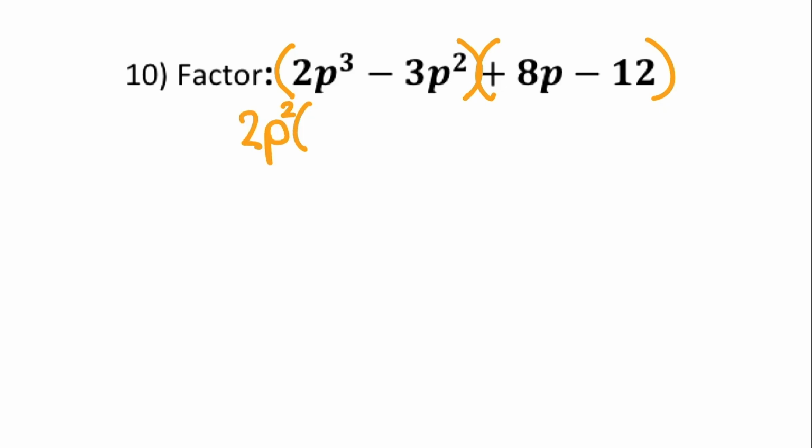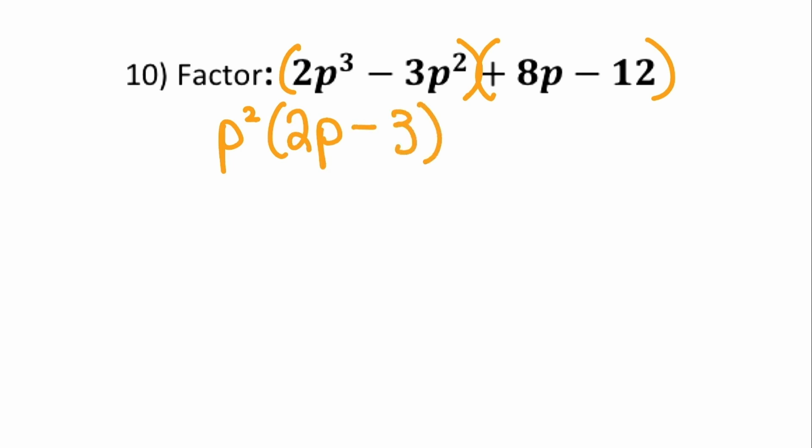Okay, they each have p squared. So we're going to have 2p left over minus 3. Between 8p and negative 12, they each have a 4 that we can take out. So this is going to be 2p minus 3. When you do this, these should match every single time.